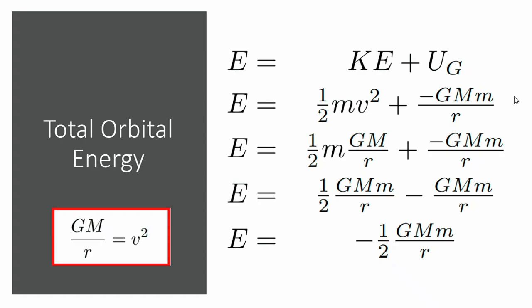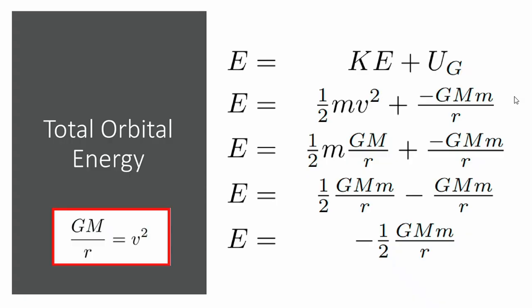Now, if something is in an orbit, so the Moon is orbiting the Earth, or the Earth is orbiting the Sun, there will be some total amount of energy that the object has as it's orbiting. There's kinetic energy and potential energy. The kinetic energy we'll write as 1/2 mv squared.